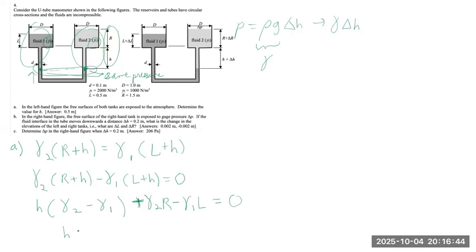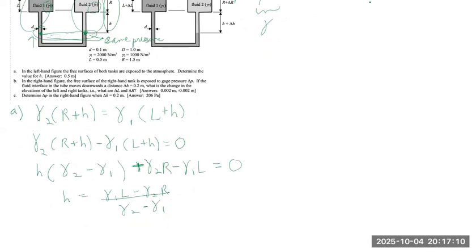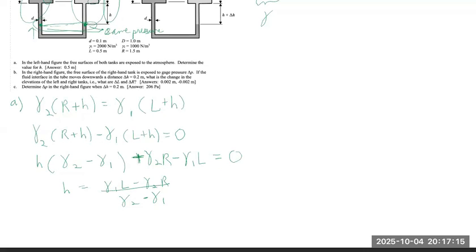So thus H is equal to gamma 1 times L minus gamma 2 times R all over gamma 2 minus gamma 1. Now we can plug in the values we need. And let's see what those values are.